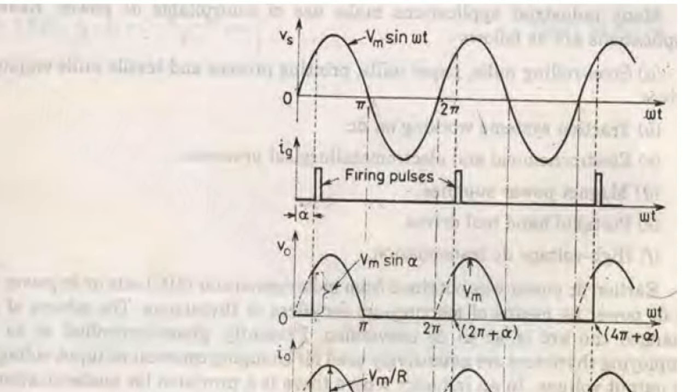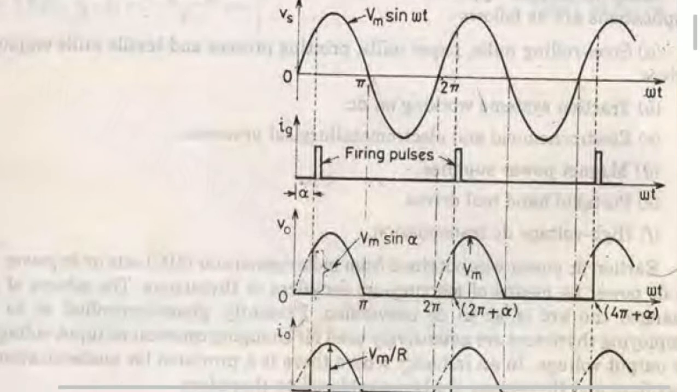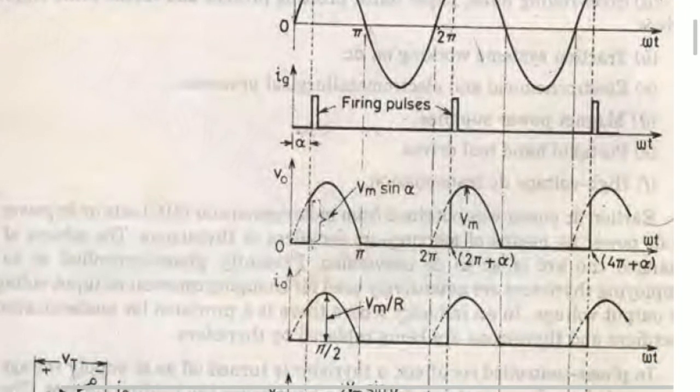As soon as we trigger the SCR, we get the output voltage Vo, which follows the input voltage Vs. We can see that for the positive half cycle there is output voltage Vo only after we fire the SCR, and also there is output current Io, which has an average value of Vm upon R.